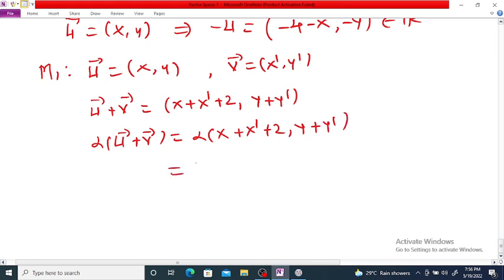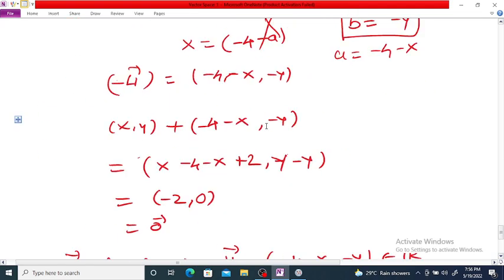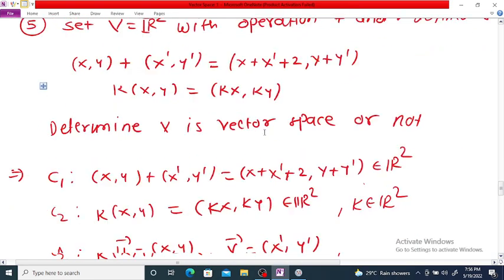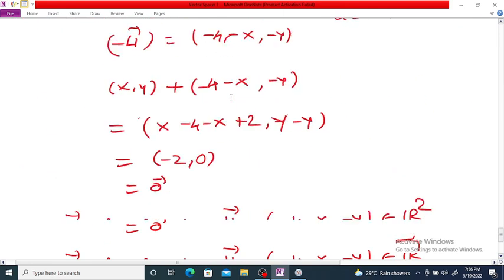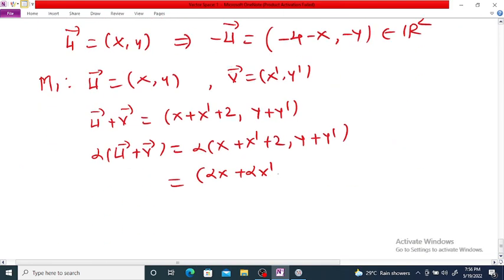If we simplify this, we get alpha x plus alpha x dash. The scalar multiplication is given as k times xy equal to kx, ky. So multiplying alpha into each entry, it is 2 alpha and alpha y plus alpha y dash.